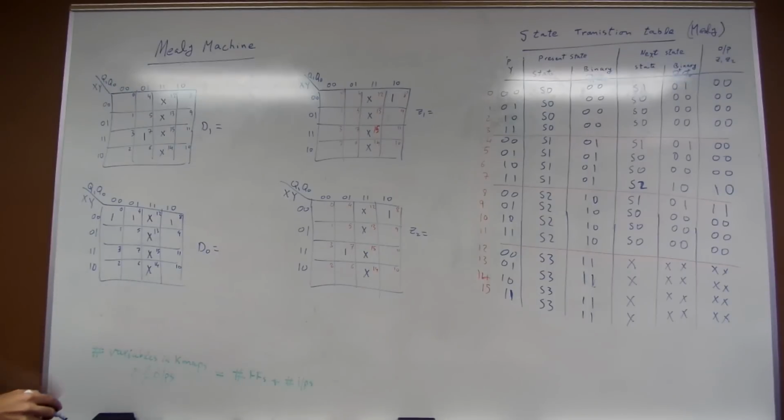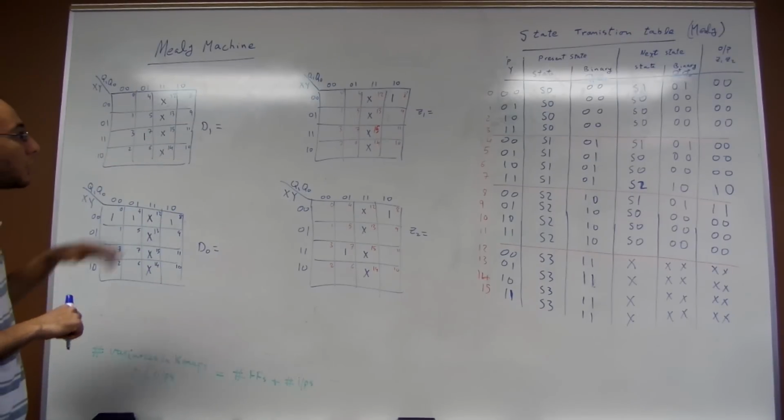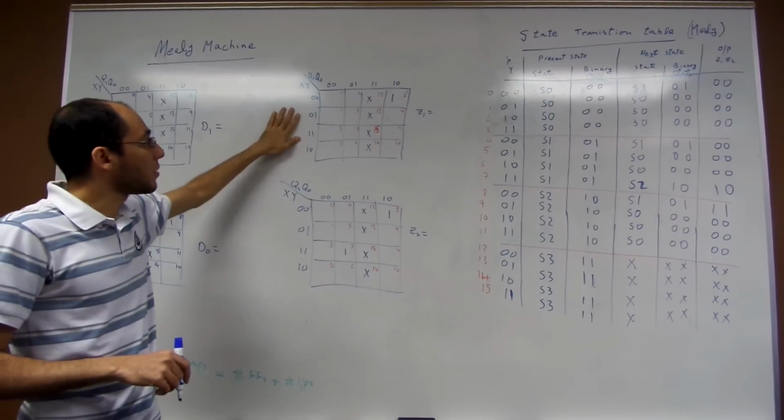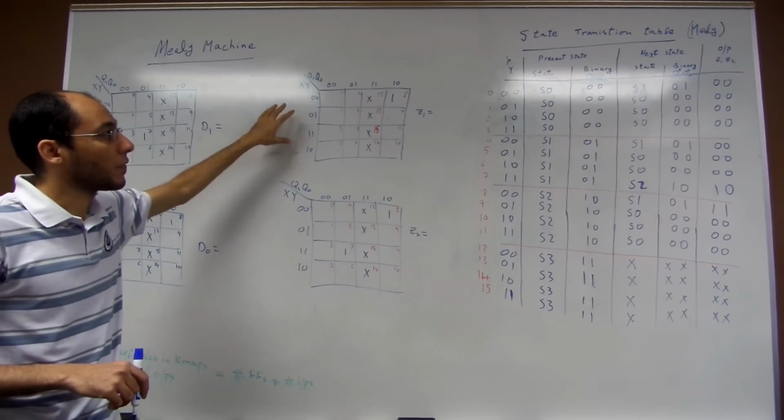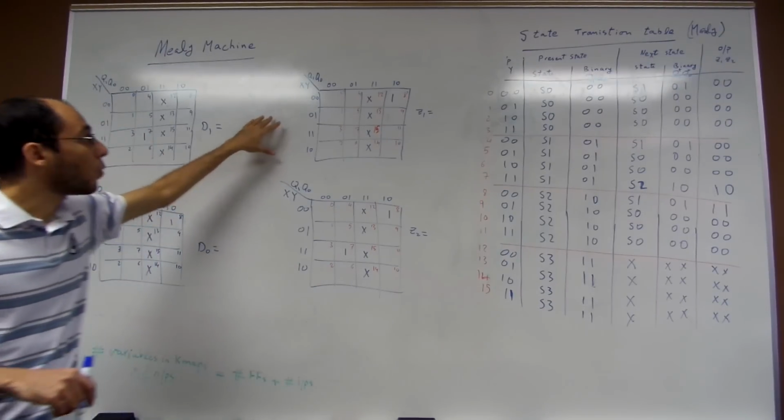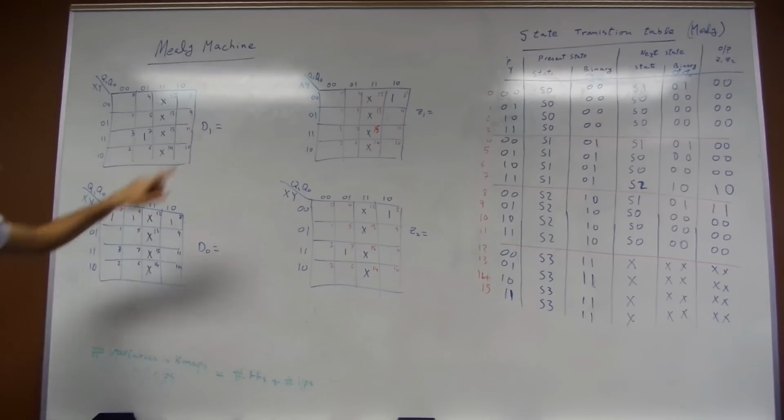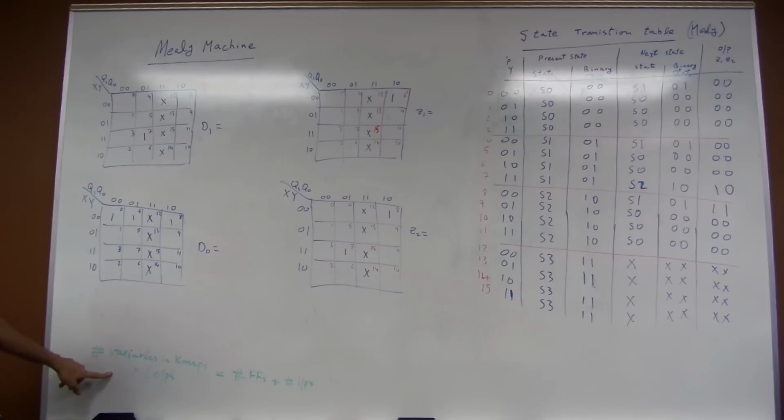Okay? So, you can fill in this table as well. You find that for the D1 you have only 1 at the 7th position, and you can fill in the same. For the K-map of the output of the Mealy machine, why is it a 4-variable K-map? Because the rule is not the same as the Moore machine.